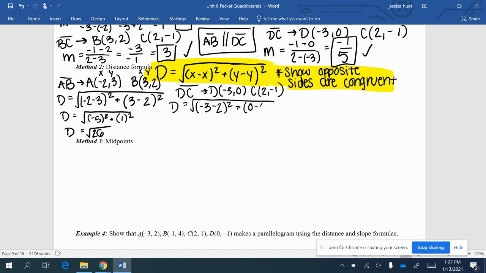Then subtract our y's. So that becomes -5 squared plus 1 squared, which is the square root of 26. Okay, so they match, so we're good. Those two sides are congruent. So now I have to check the other side.